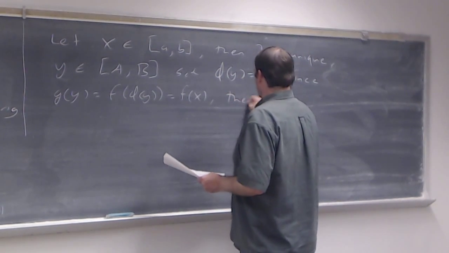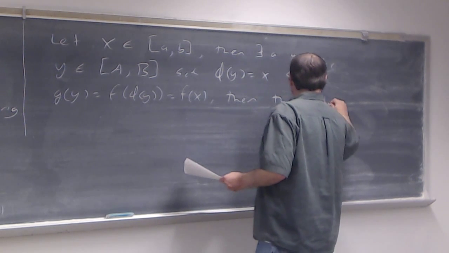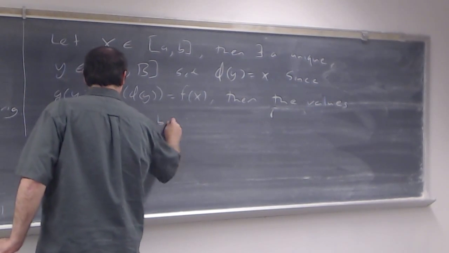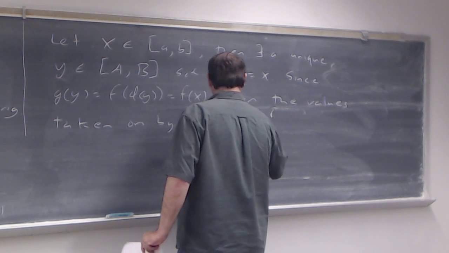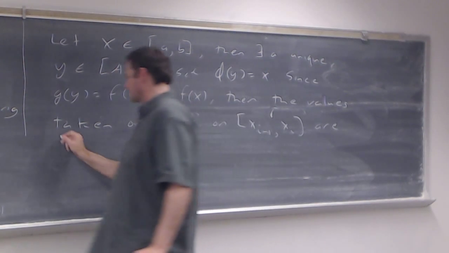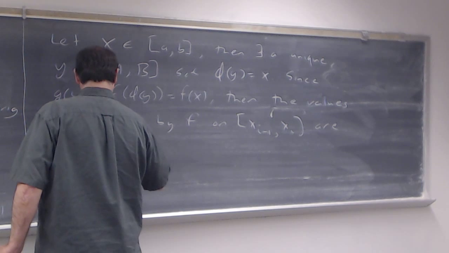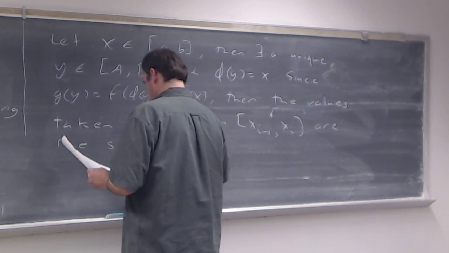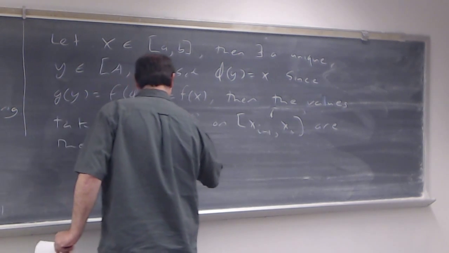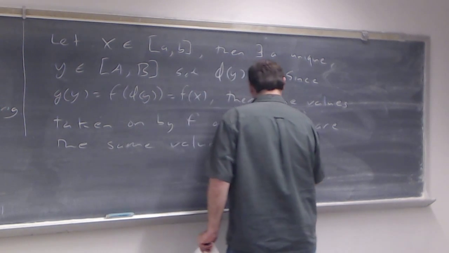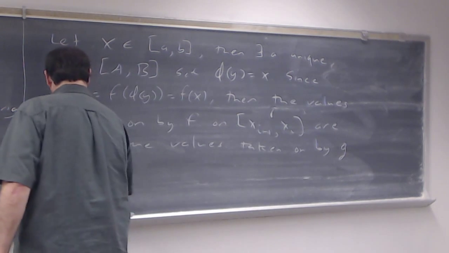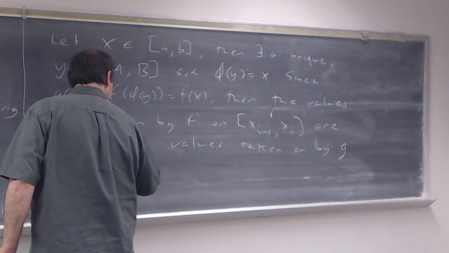Then the values taken on by f on the subinterval from x sub i minus 1 to x sub i are the same values taken on by g on the interval from y sub i minus 1 to y sub i.